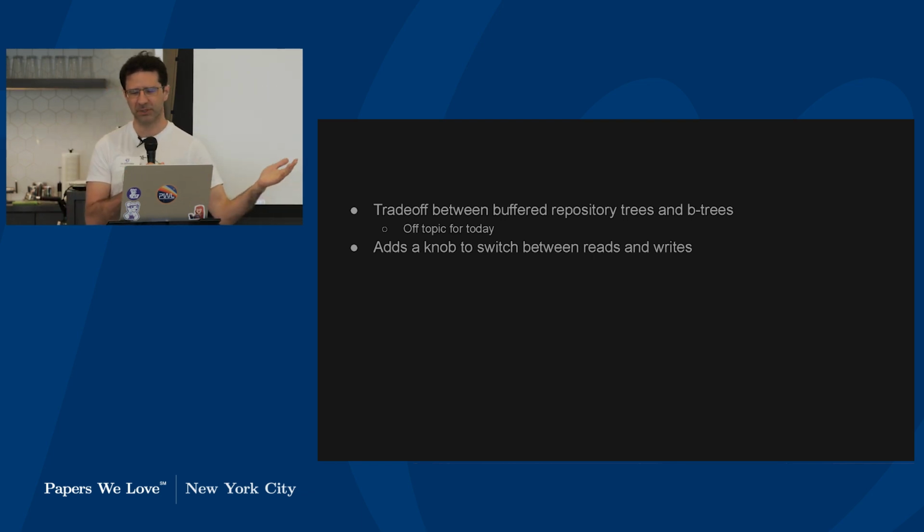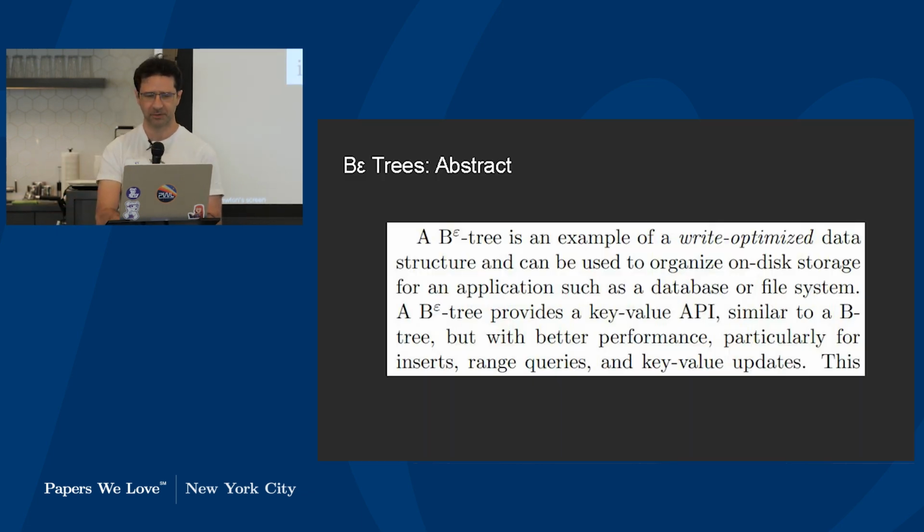B-trees I'll review, but they're read-optimized, buffered repository trees are write-optimized, and B-epsilon trees are a way to turn the knob between write optimization and read optimization.